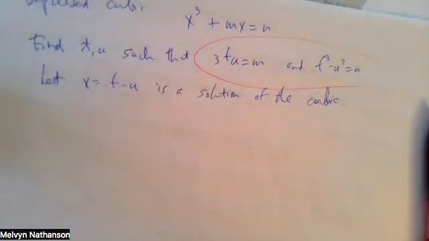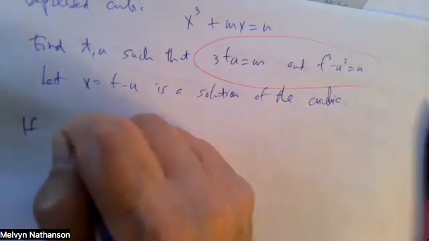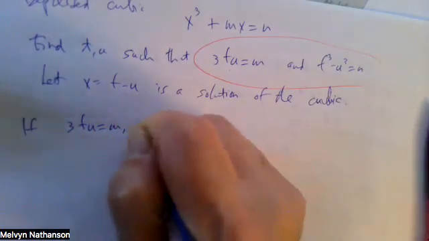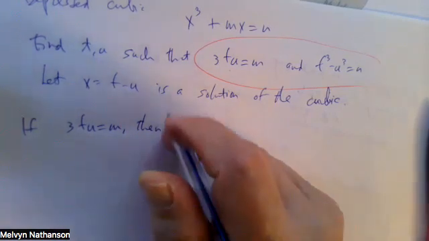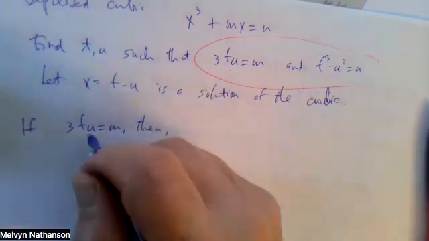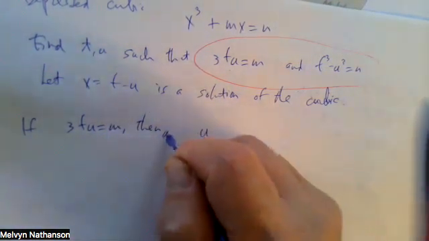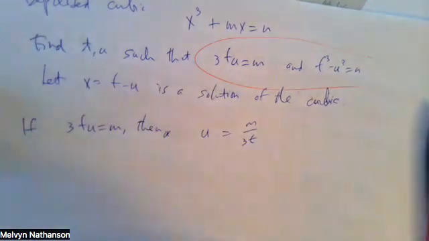So what can we say? Well, first of all, if 3tu equals m, if we can find such t and u, then necessarily, solving this equation for u, u must equal m over 3t.